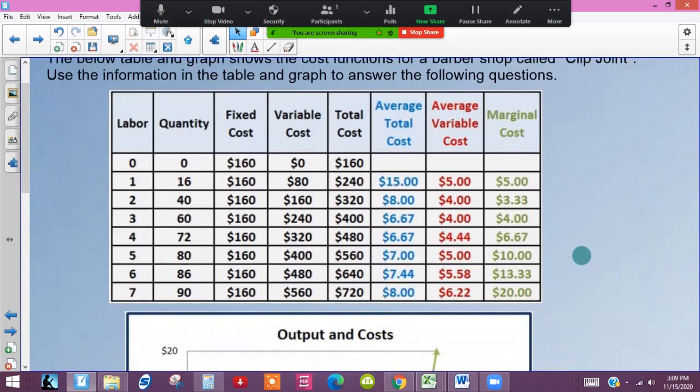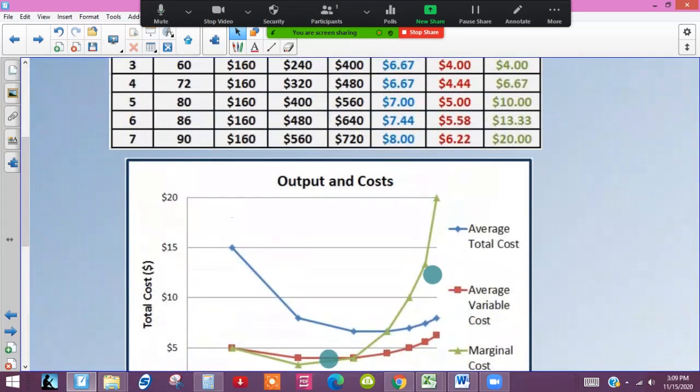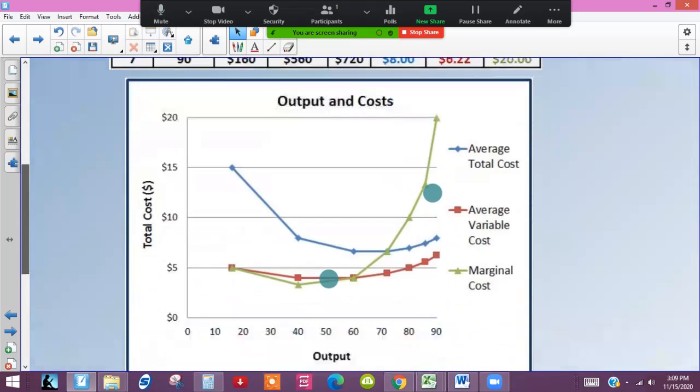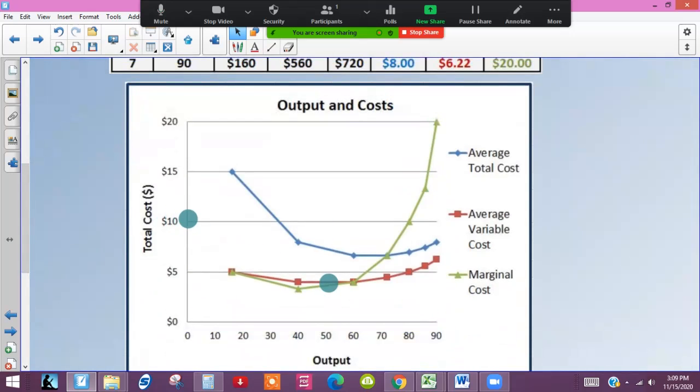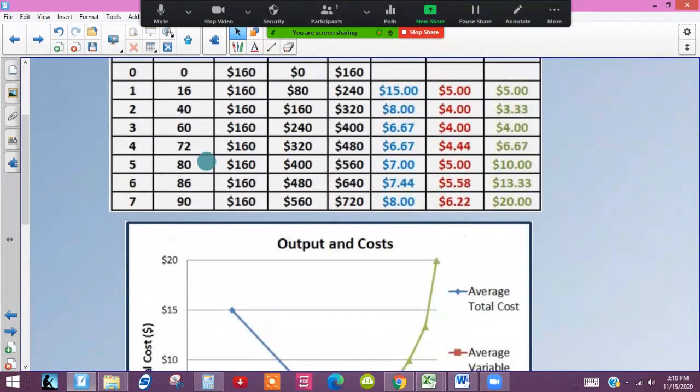So if the price of a haircut is $10, at the production level of 80 haircuts, the marginal cost is 10, and we can go down here and look at our graph and see. If price is 10, it's going to equal marginal cost right here at an output of 80 haircuts. And we can also see that up here on our table, right here, 10, an output of 80 haircuts.